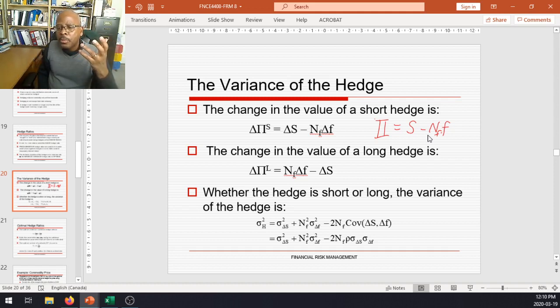And then you solve for the optimal variance, the minimum variance, the usual mathematical way. You take the first derivative, set it equal to 0, and solve for that.